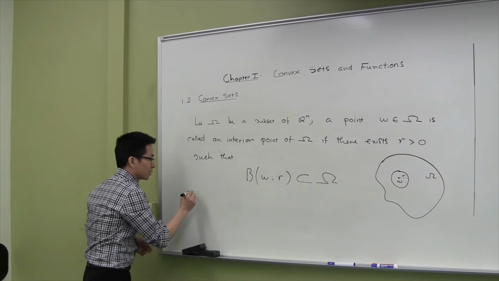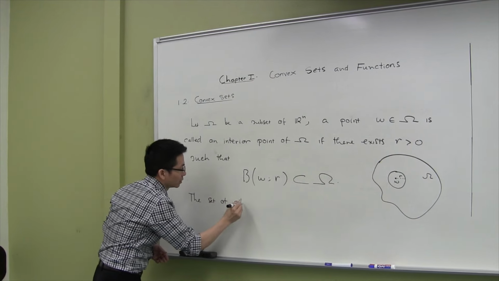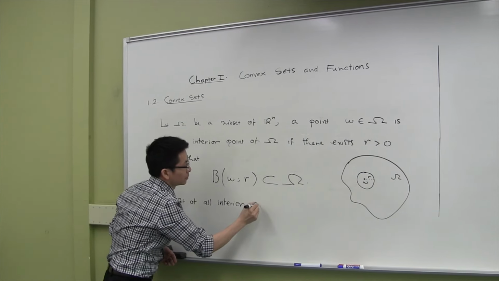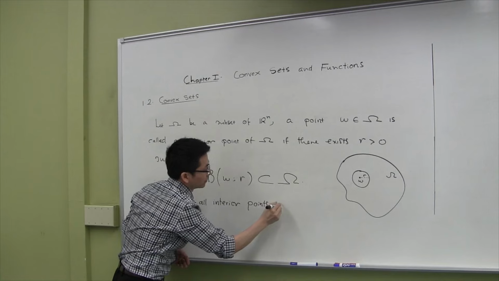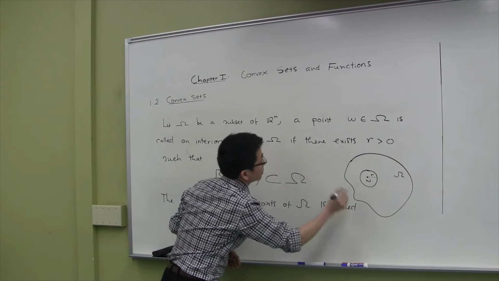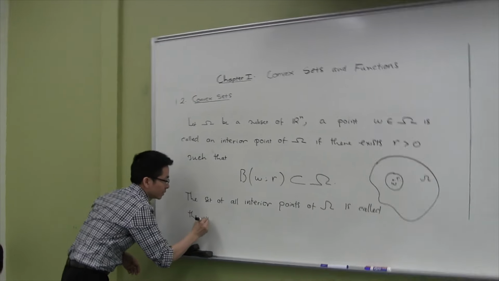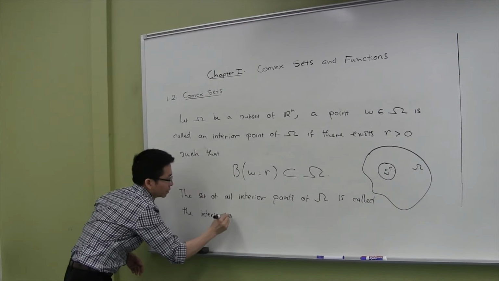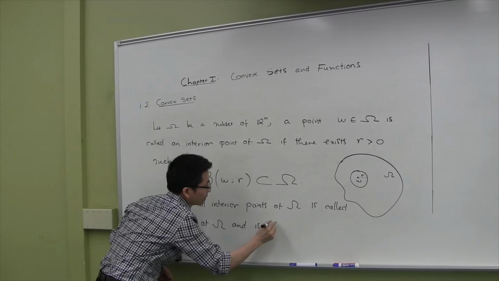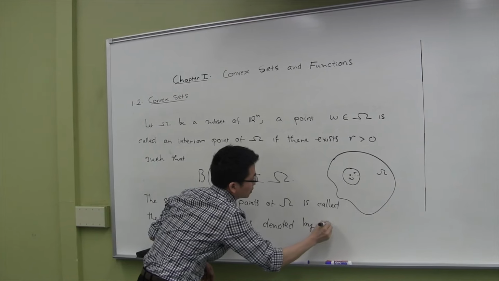And the set of all interior points of omega is called the interior of omega, and is denoted by int of omega.